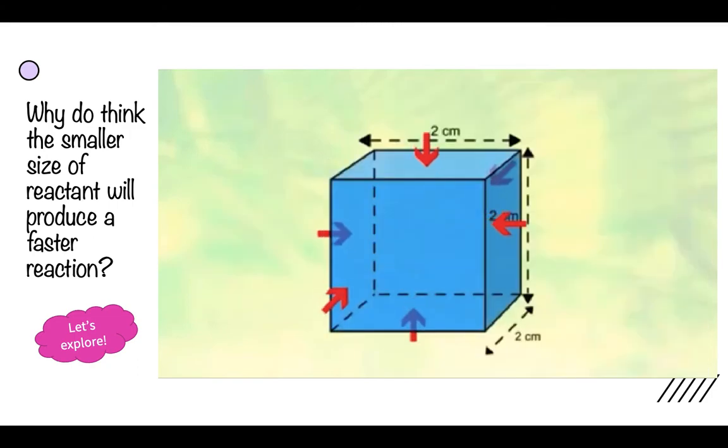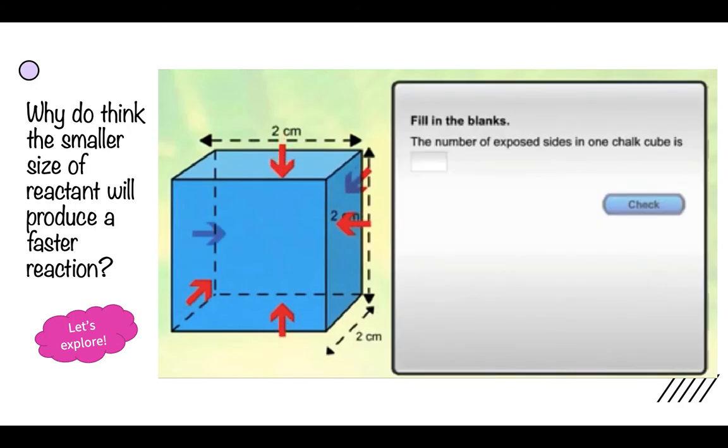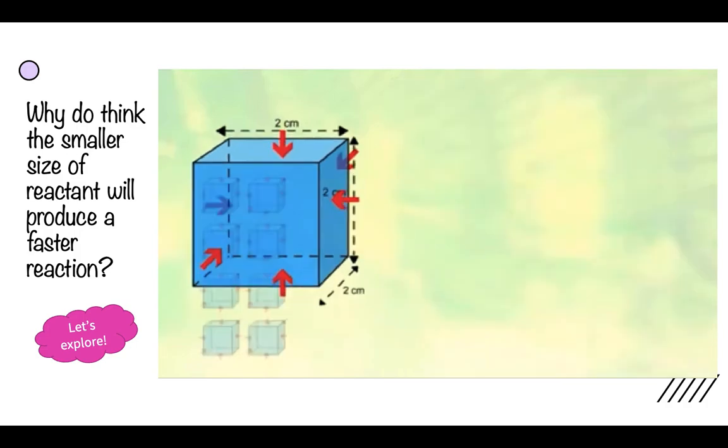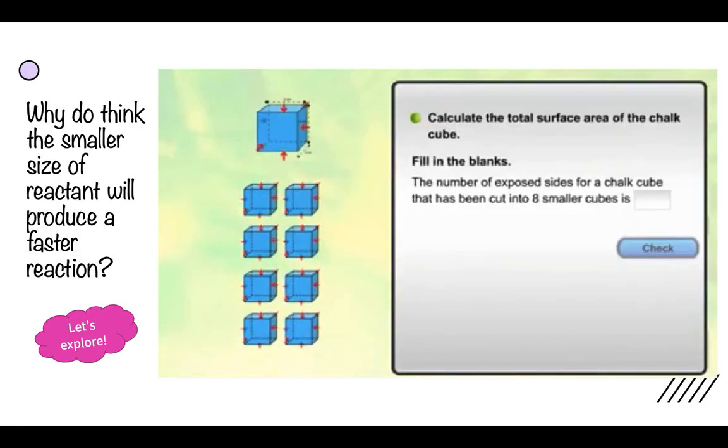Can you calculate the number of the exposed sides on one chalk cube? Yes, the number of exposed sides in one chalk cube is 6. Can you calculate the number of exposed sides for a chalk cube that has been cut into 8 smaller cubes?